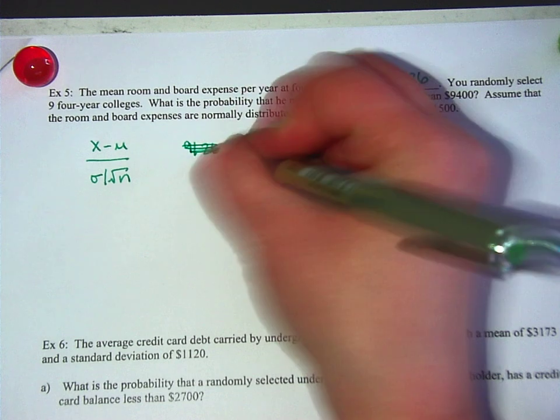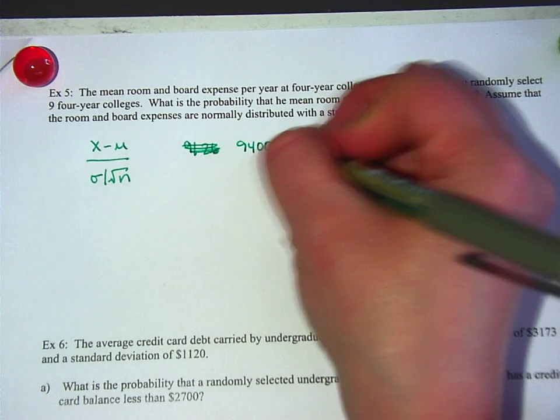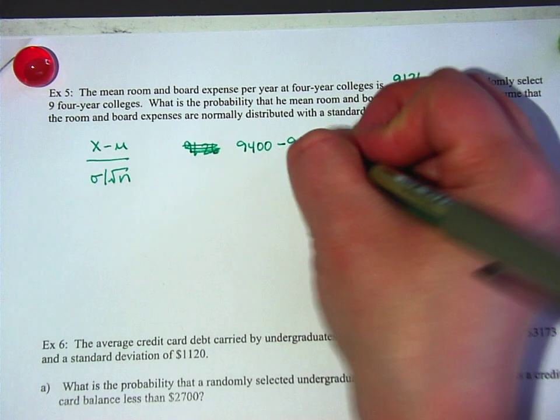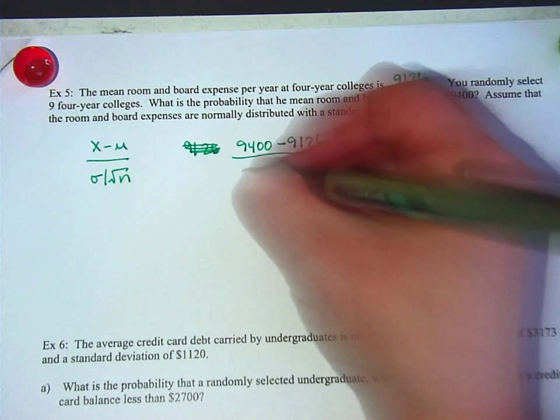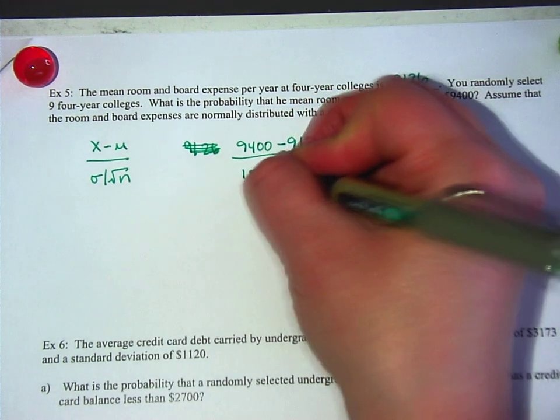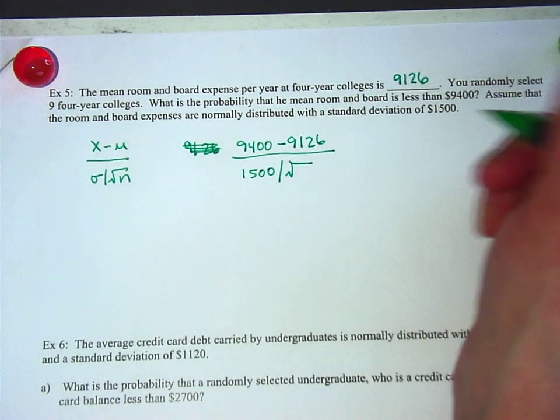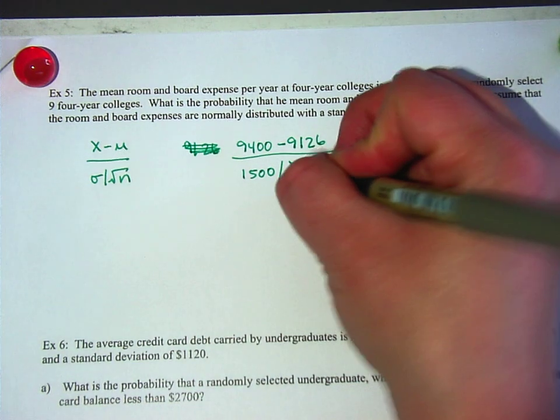So the top should be 9,400 minus 9,126, divided by 1,500 divided by the square root of 9.